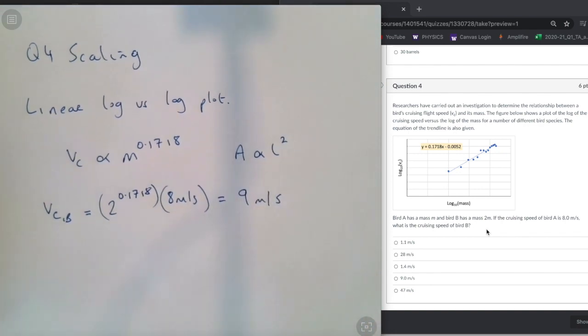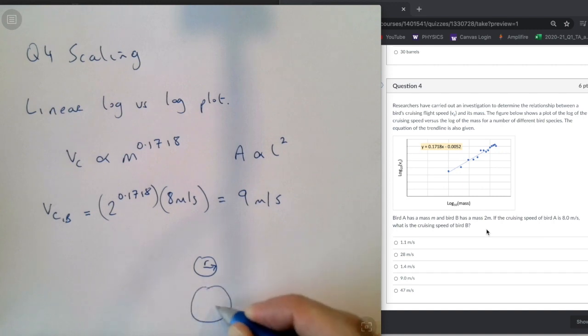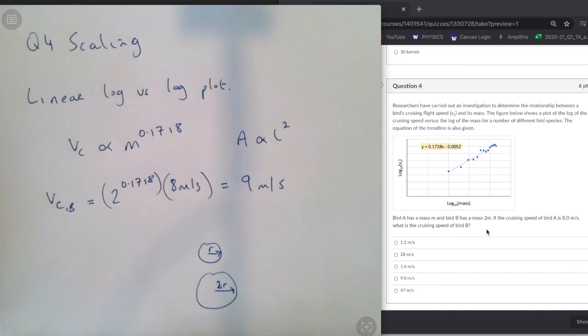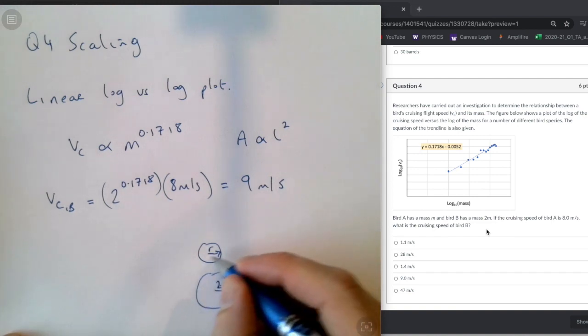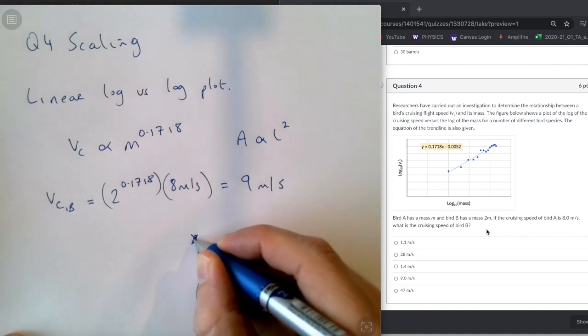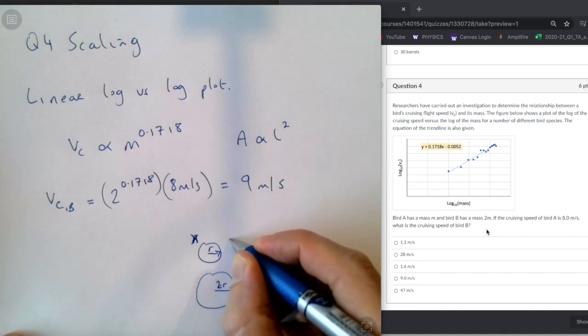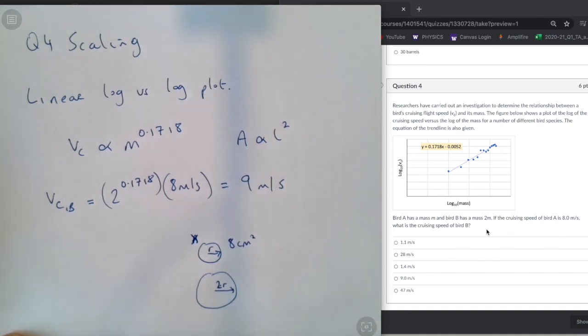If I had asked you the equivalent question in geometry: suppose you have two circles, one of radius r and another of radius 2r. Let's say circle x has an area of 8 centimeters squared.